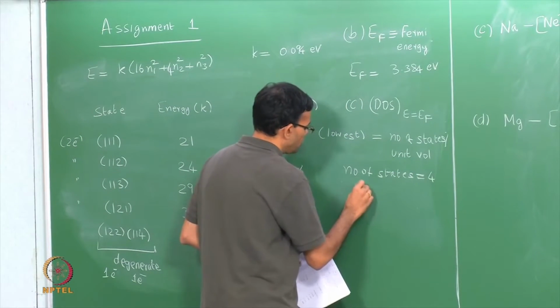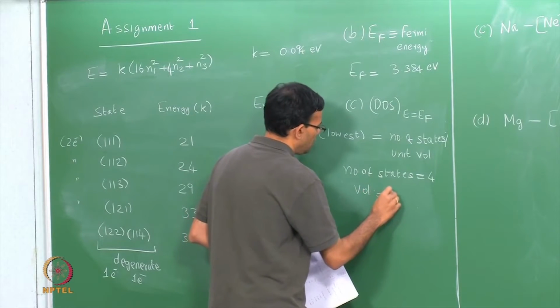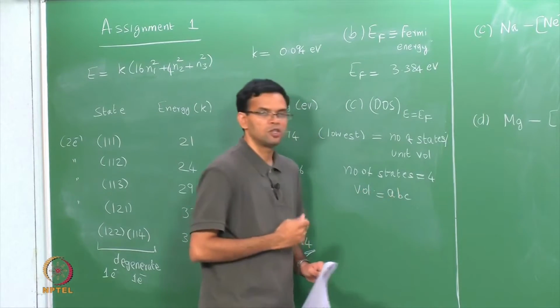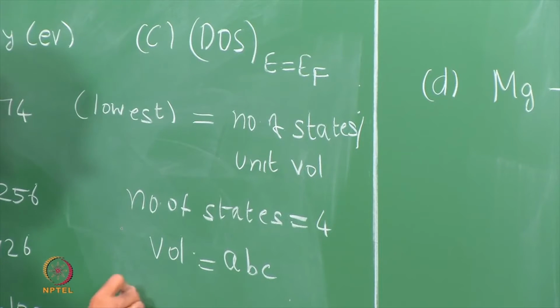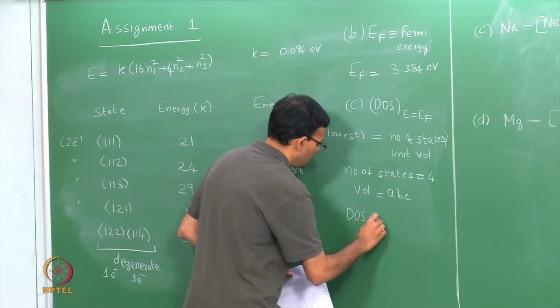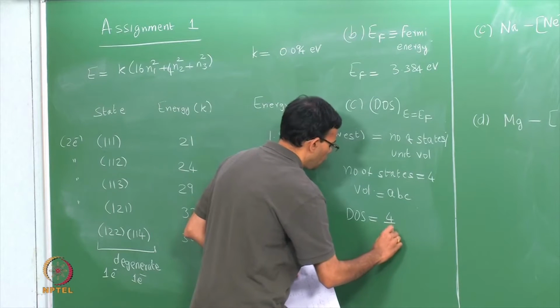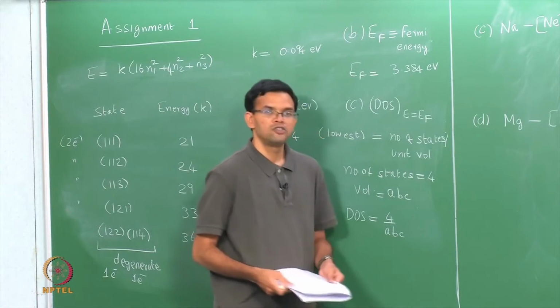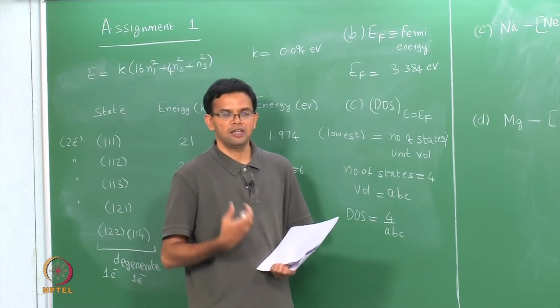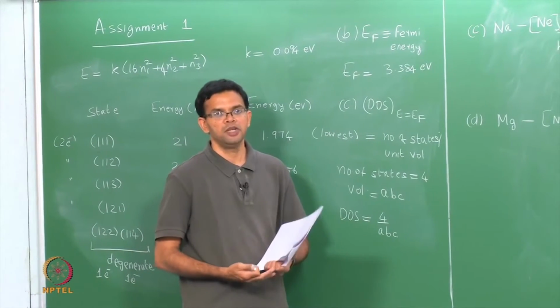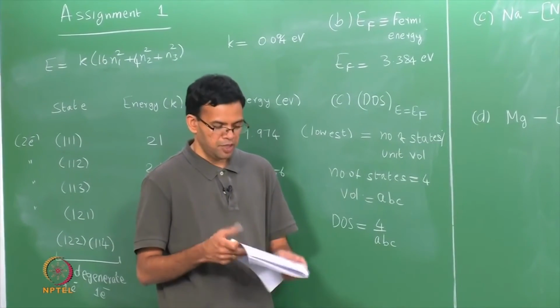The volume of the slab is nothing but A, B, C, the product of all 3. So, the density of states is nothing but 4 over A, B, C. We can express this either in electron volts per nanometer cube or joules per meter cube.